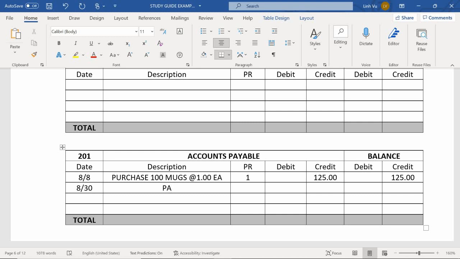So, pay with check. On the debit side we have 125 and the balance is zero.